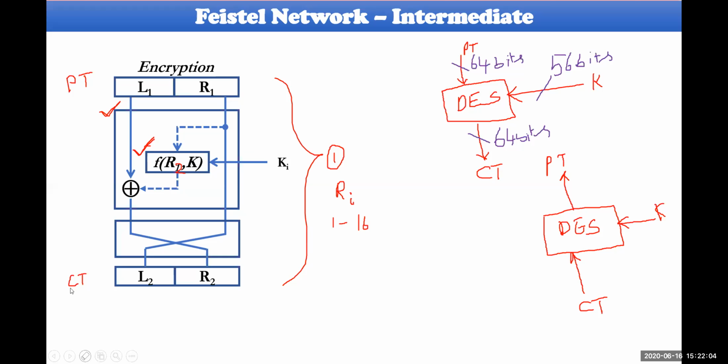So the 64 bits are operated on using this 56-bit key, and after a number of rounds it provides ciphertext of 64 bits back.